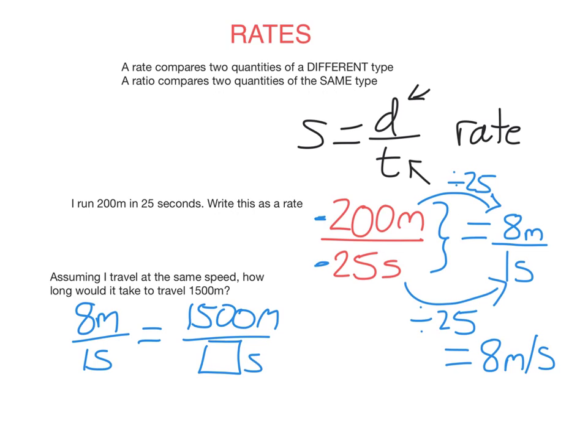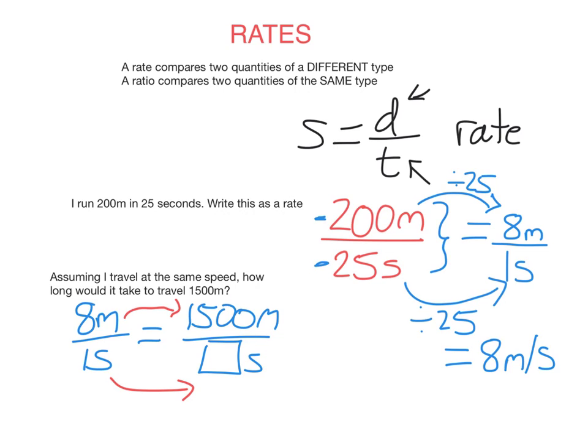So I just put a box there. The only difference between this and the previous question is that now I'm trying to find what number goes on the bottom. In the last question, I was trying to find how many meters. This time I'm trying to find how many seconds. It's the same process though. I figure out what I did to the top, and then I must do the same to the bottom.